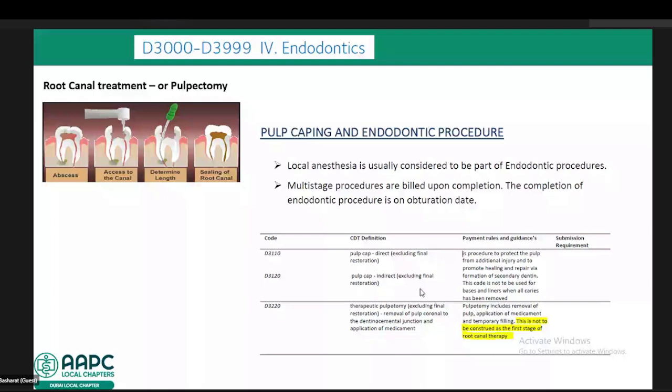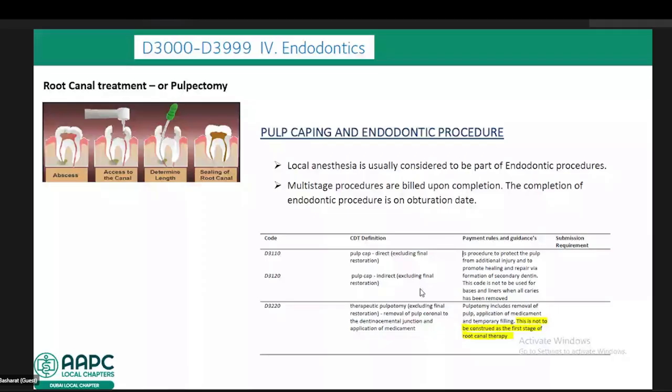The doctor already removed the caries in the first visit, put the temporary filling, and asked him to come back after 2-3 days for the RCT. In the second visit, again he will assign the same code, as it is the continuation of the endodontic treatment.